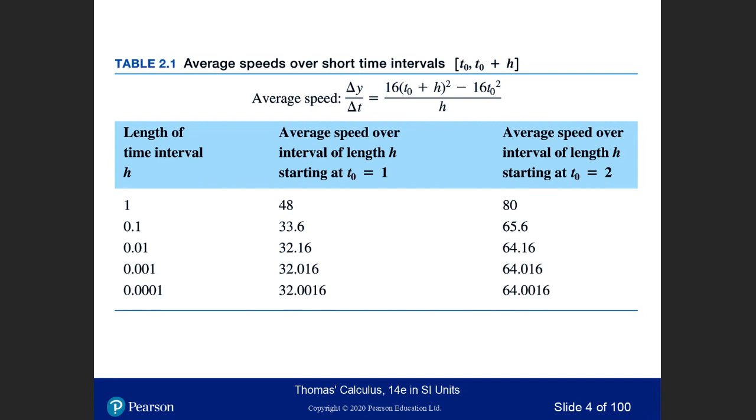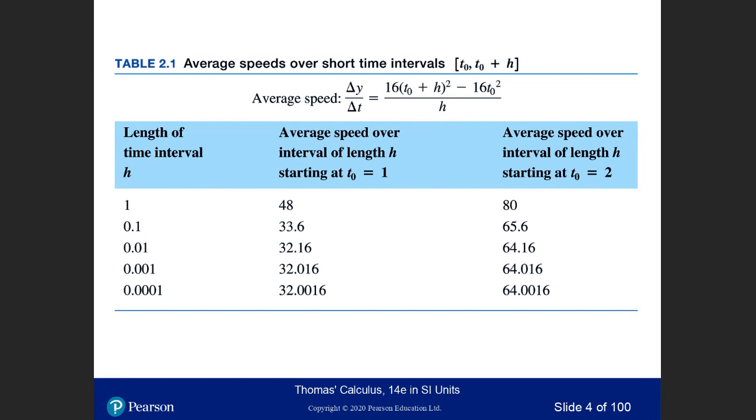Now as we take h towards 0, at 0.1 the average speed is 33.6 here, 65.6 here. When you put h as 0.01, it's 32.16 and 64.16. This is the average speed of the object.